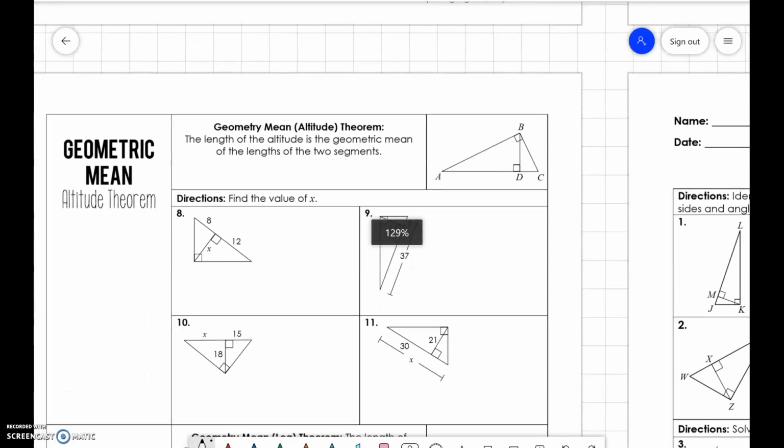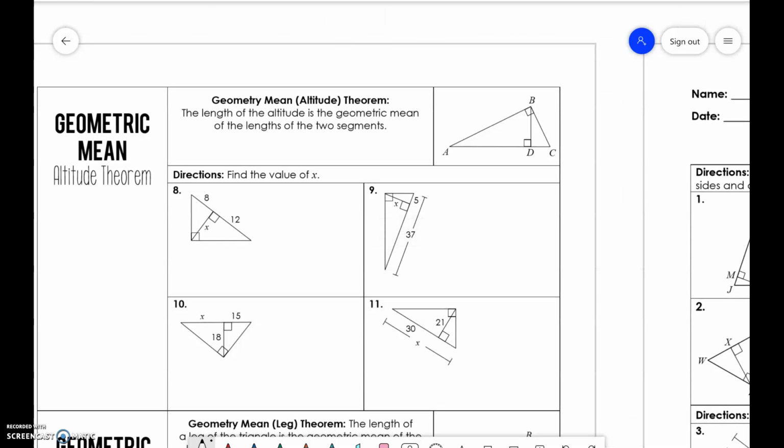So the geometric altitude theorem. It says the length of the altitude is the geometric mean of the lengths of the two segments. So if we say BD squared is equal to AD times DC.